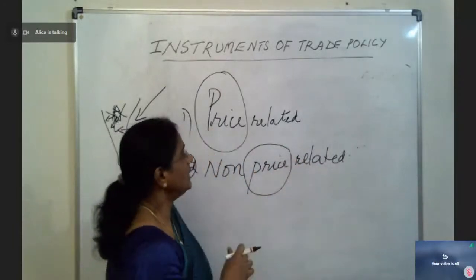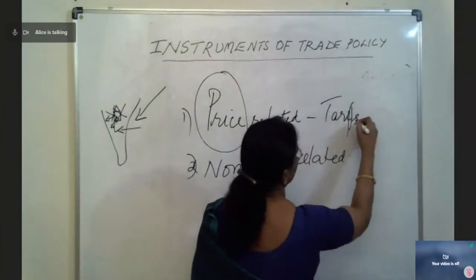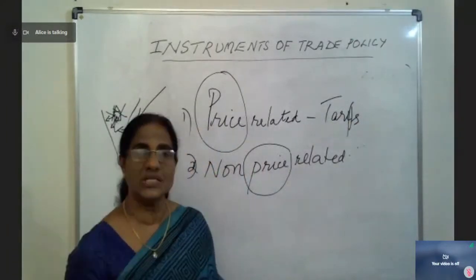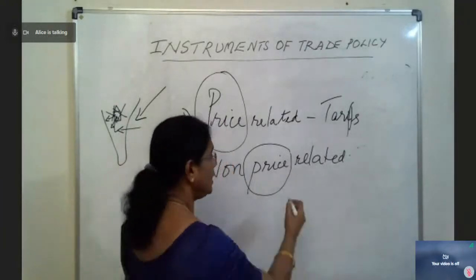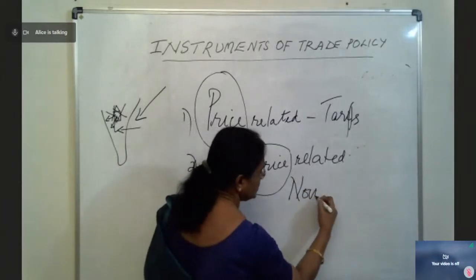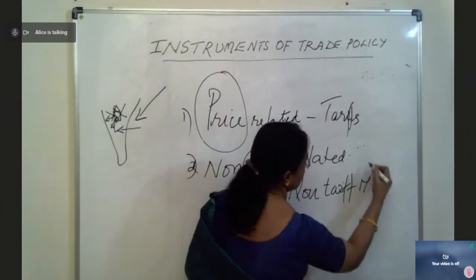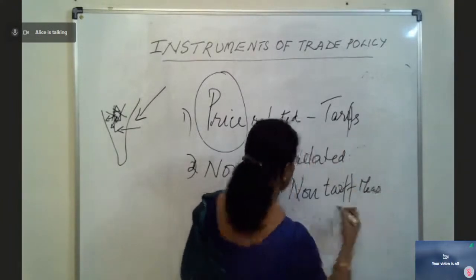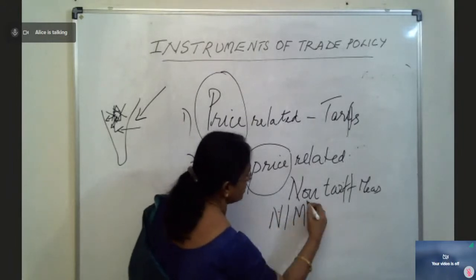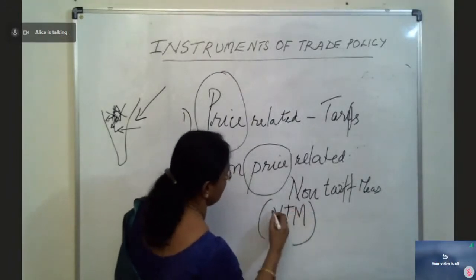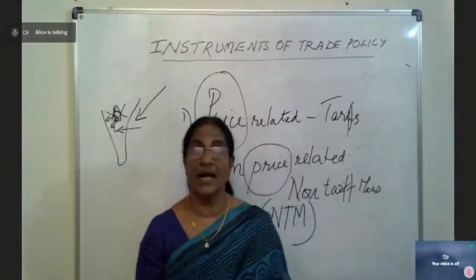So generally, these are tariffs. You have heard about tariffs, or you will be doing some problems also using tariff. Now, if that is tariff, this will be non-tariff measures. This will be tariff measures. These are non-tariff measures, NTM. So tariff and non-tariff measures.